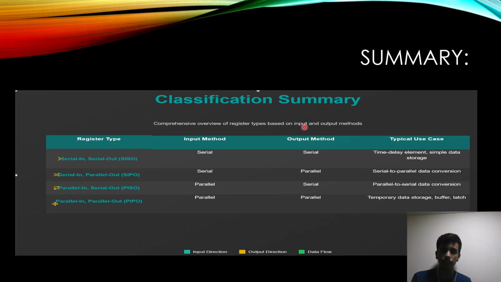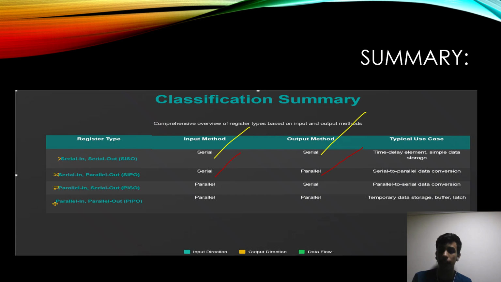And the summary of this classification: serial in, serial out, SISO: input method is serial, output method is serial. Typical use case: time delay element, simple data storage. Serial in, parallel out, SIPO: input method is serial, output method is parallel.